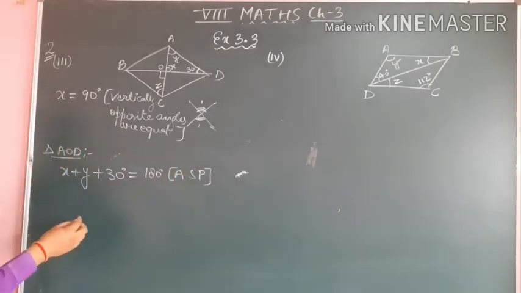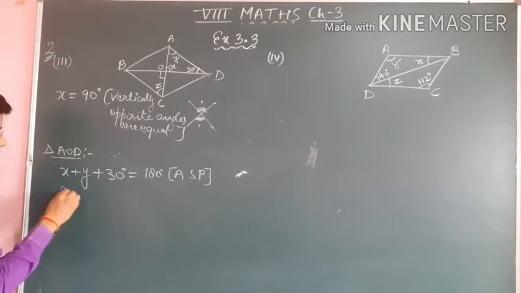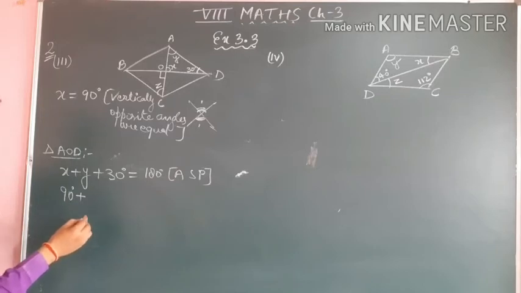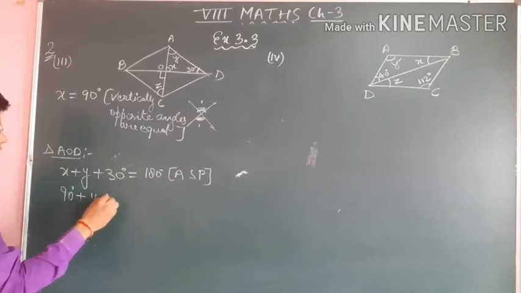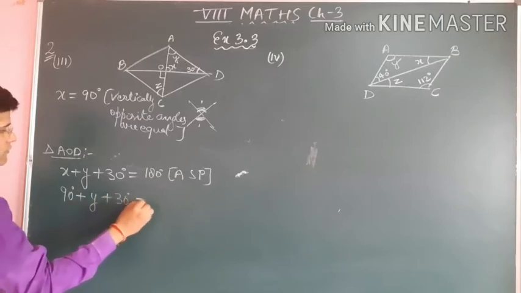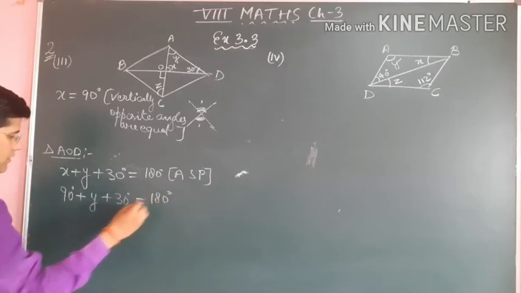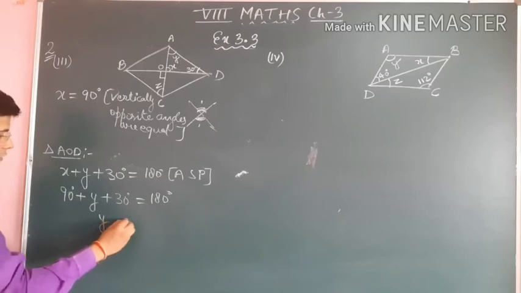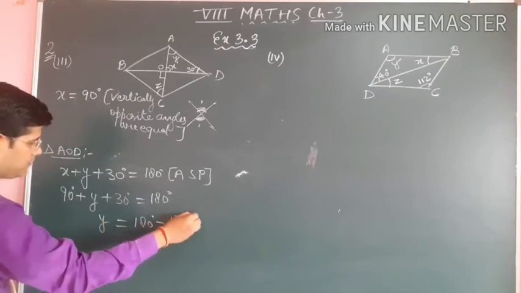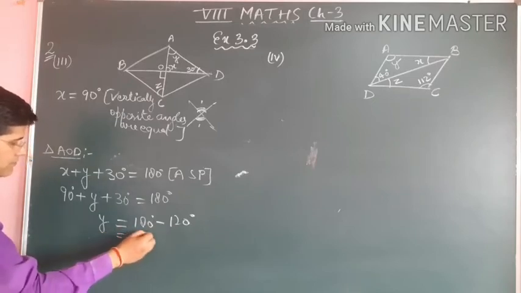Now x is given as 90, and y we have to find, but 30 is given, so we can find y very easily after transposing 120 to the other side, and that will become 60.